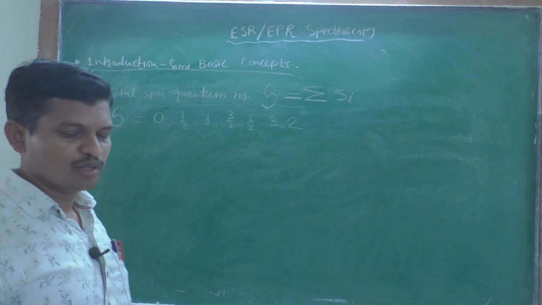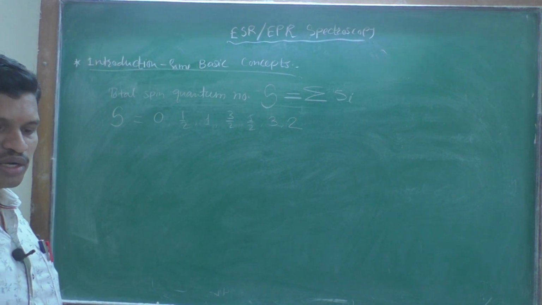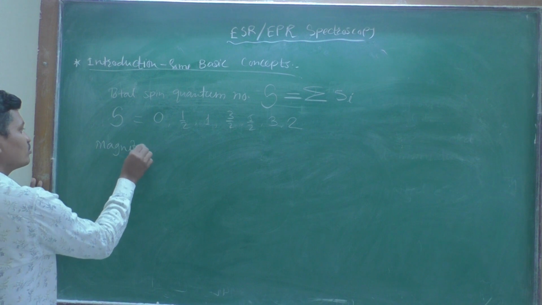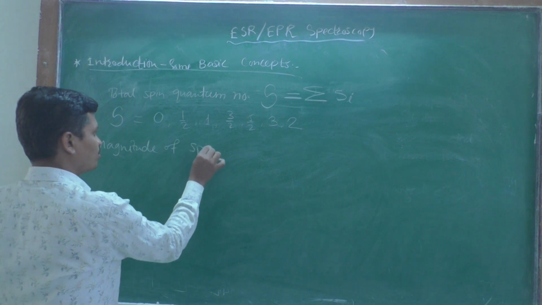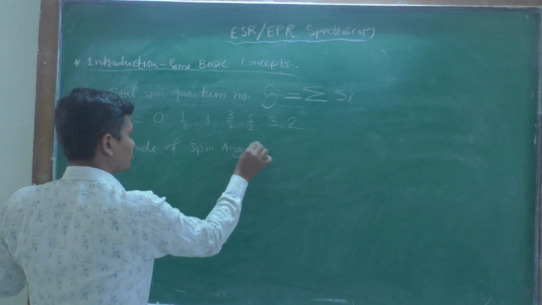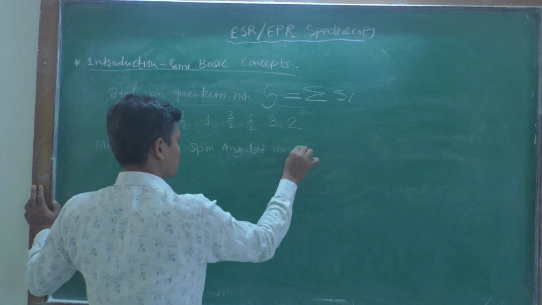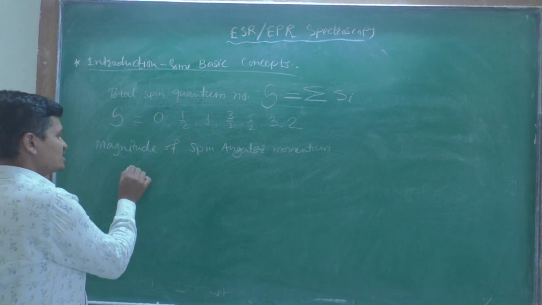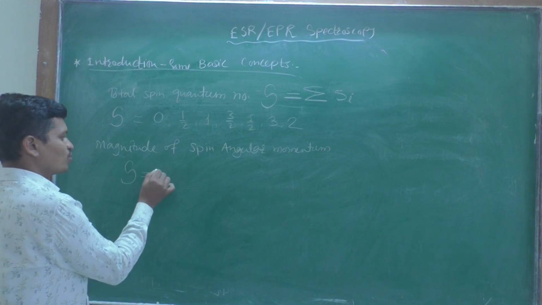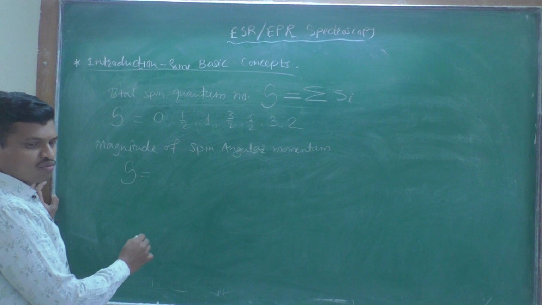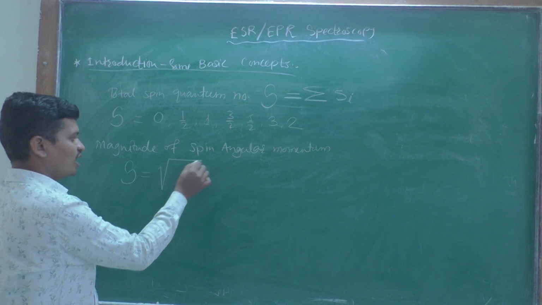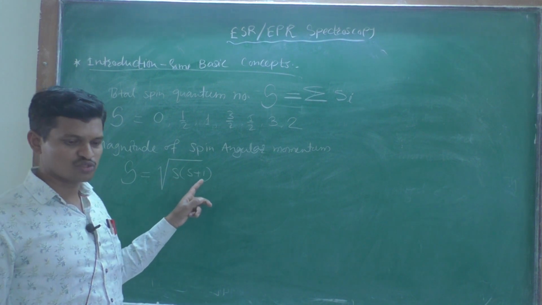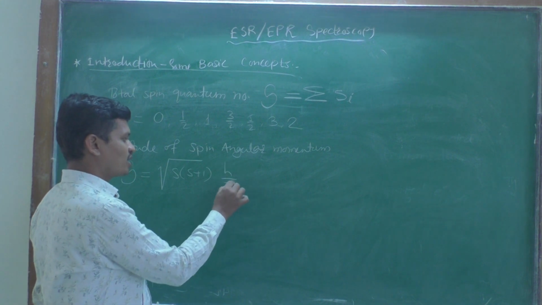Now the magnitude of spin angular momentum is given by S equal to under root of S into S plus 1, into h upon 2 pi.